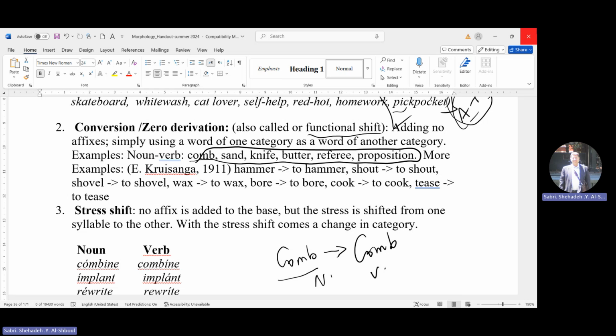So we notice that the same word is maintained, but the category has gained another function. So instead of having one noun only, it becomes a noun and a verb. And this, of course, has the blessing of being productive. With this, the language becomes productive.